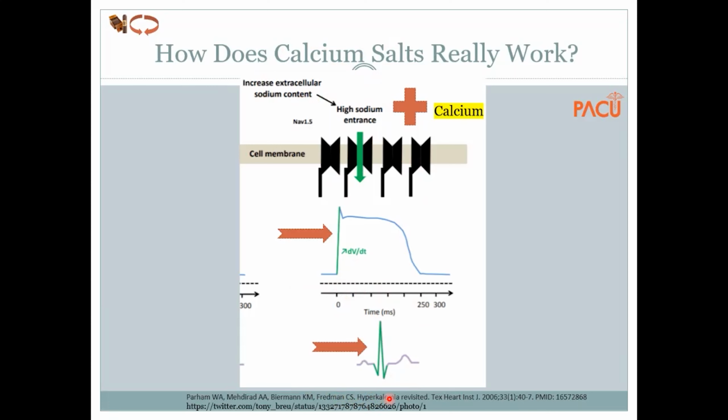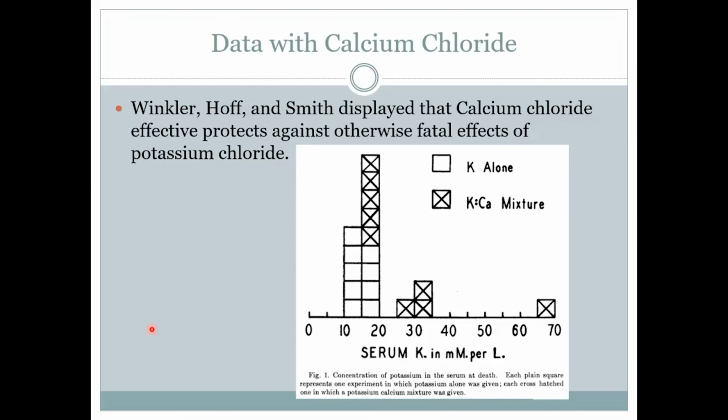So let's move forward and think about, is there any data to support this? Because a lot of it is just expert opinion, but where do we get this information to start from? Looking at this study done by Winkler and colleagues, they were one of the first to display that calcium chloride is effective at protecting the heart against otherwise fatal concentrations of serum potassium. What they did was give many concentrations of either potassium chloride by itself or potassium chloride in combination with calcium chloride.